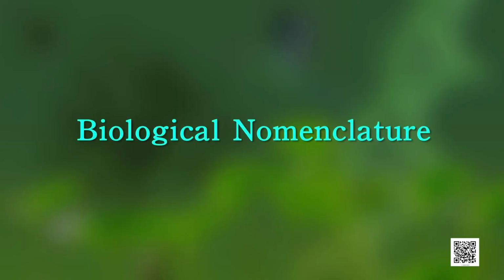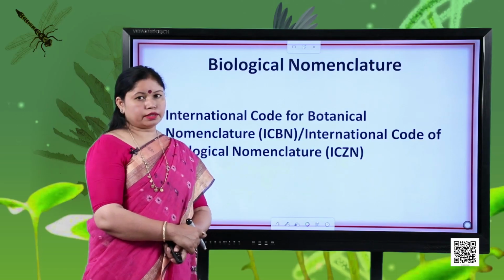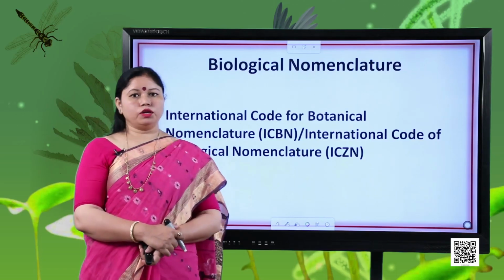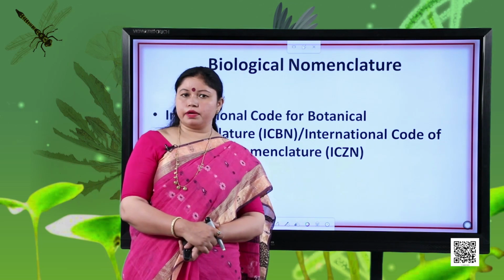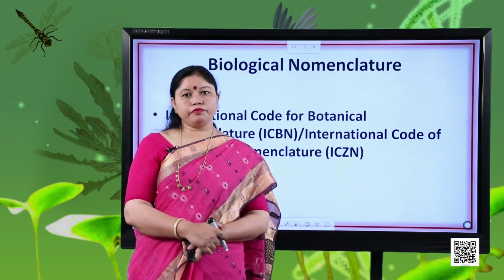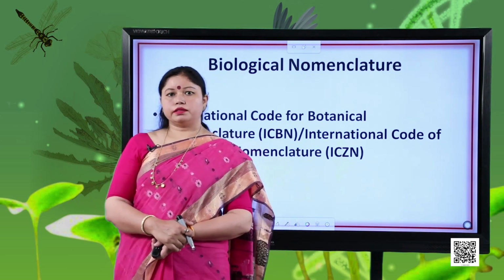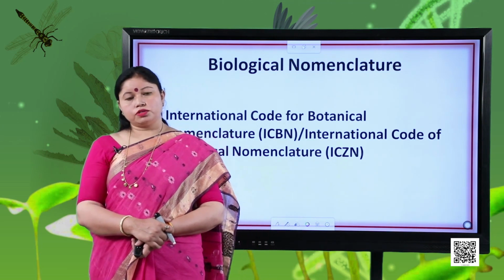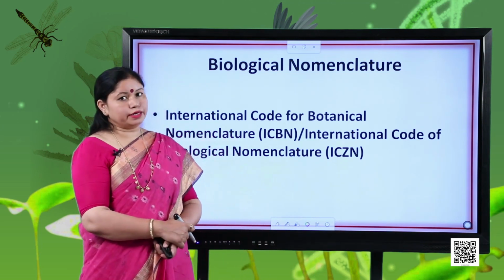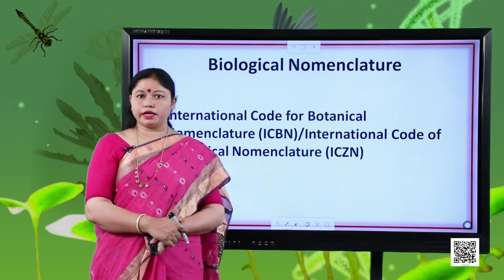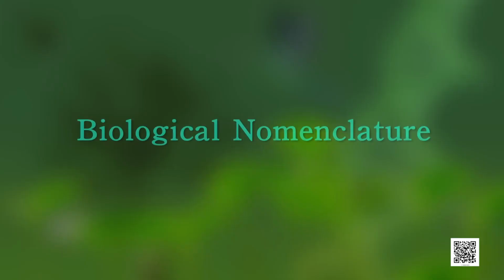When you are observing such an enormous biodiversity, you will notice that some of these things are known by some name in a particular region, but if you go to some other region, the name will change. So it becomes very difficult to understand which organism you are actually talking about when describing an organism.